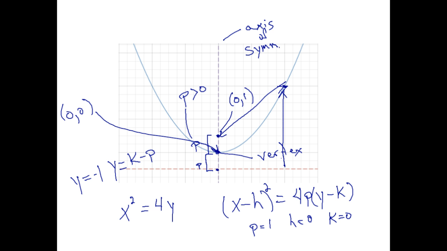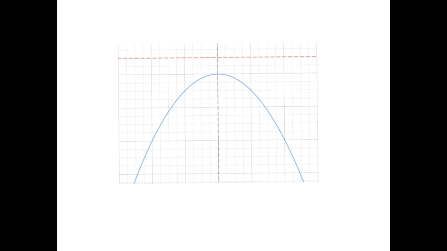Okay, if we look at this same type of parabola, vertically aligned, but it's open down, the only difference, everything's still the same in that we still have the same general form of x minus h quantity squared equals 4p times the quantity y minus k.